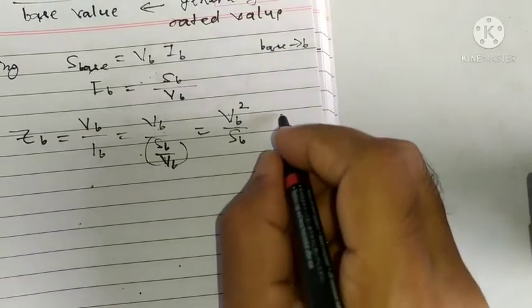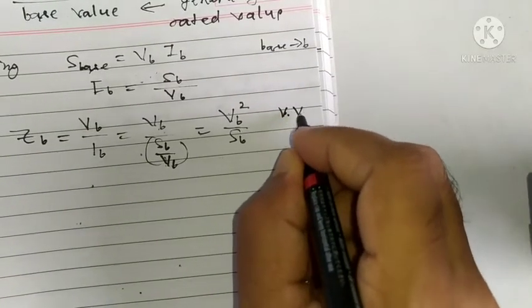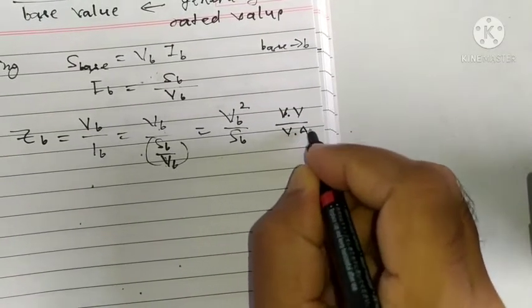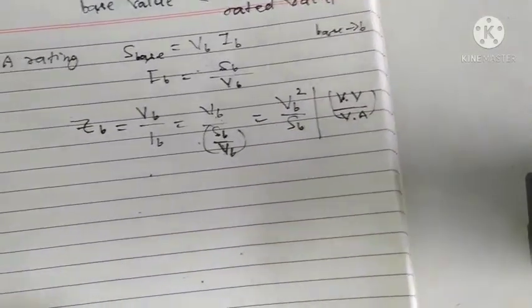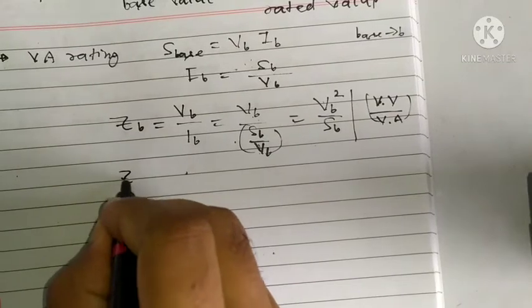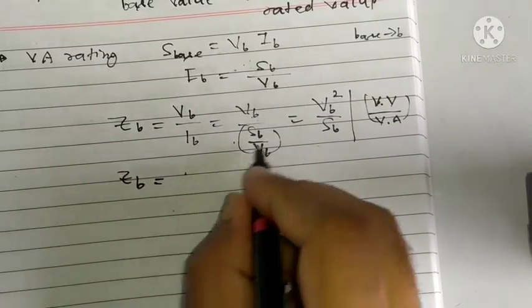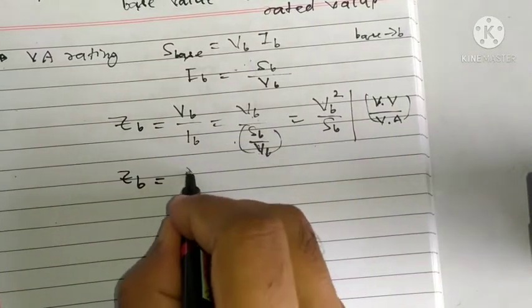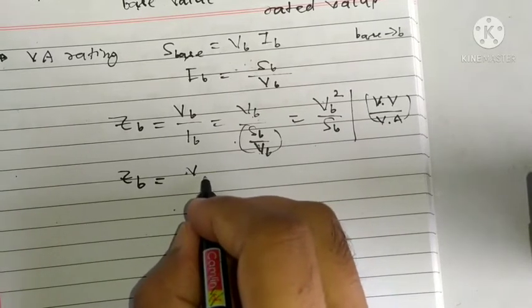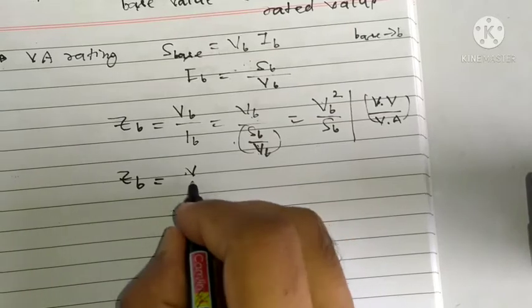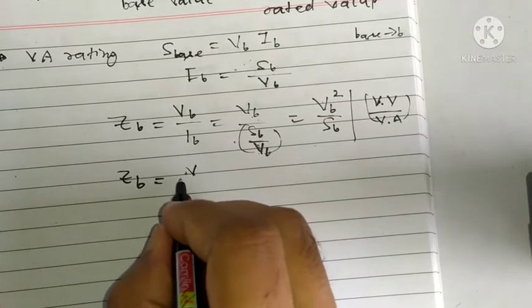That is voltage into voltage divided by voltage into ampere, right? So Z base value is given by kV square by MVA if I am writing kVA, then it will be MVA.